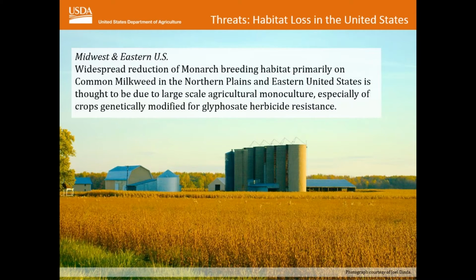So basically, where we're at right now, there was a petition from several nonprofit organizations to list the monarch butterfly as threatened, and so that's why there's the work that NRCS and other federal agencies are conducting.